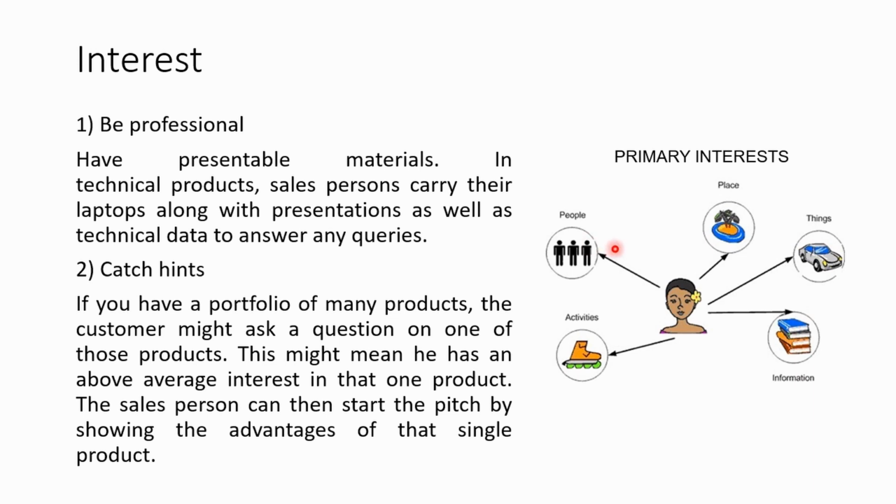As presented here in the illustration on the side, primary interests of people, of customers, are usually, of course, people like their friends and their families, places they have been, their school, their workplace, the things that they possess or things that they want to possess, their homes, their cars, information, knowledge about certain things that are interesting to them, and of course their activities, like the things that they like to do, like sports activities probably.